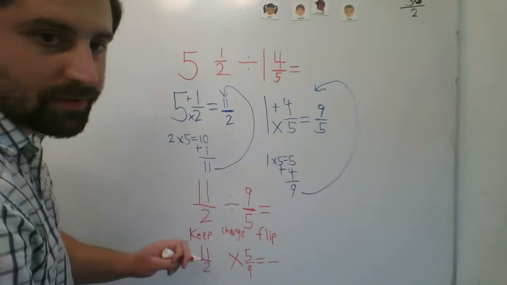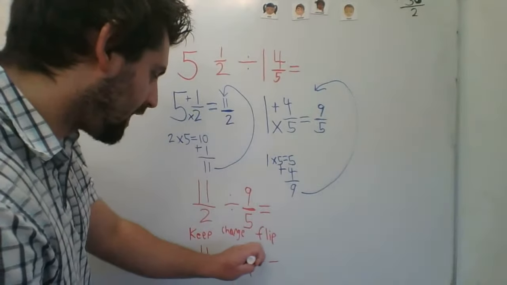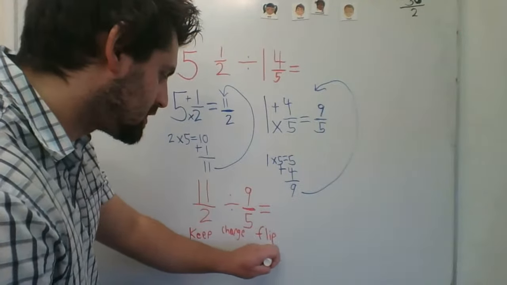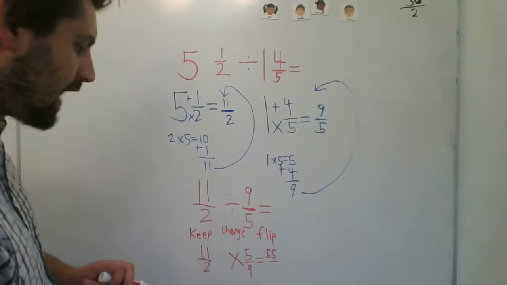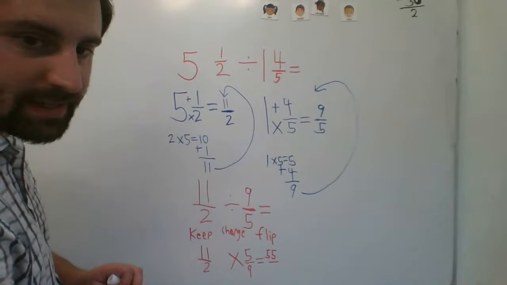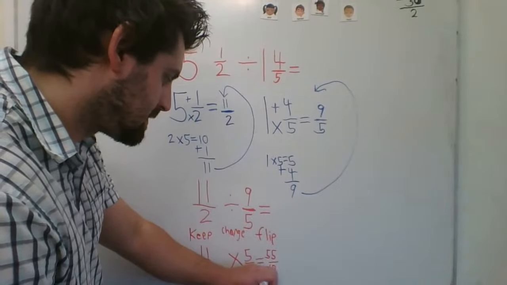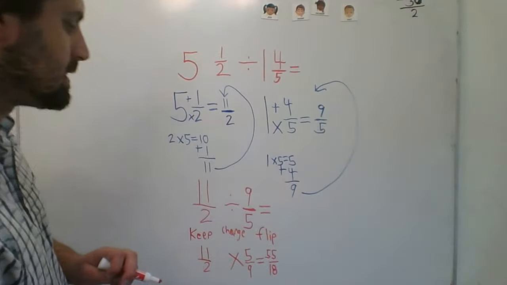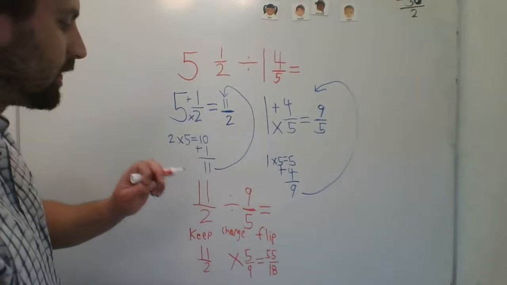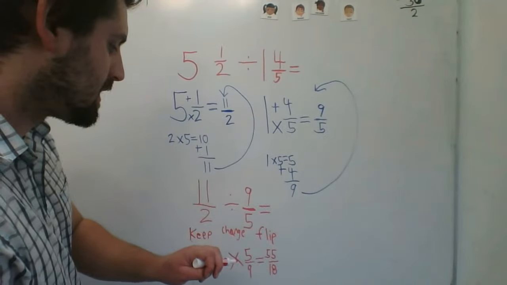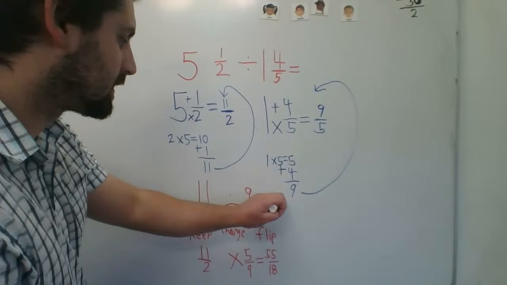So 11 times 5 equals 55. 2 times 9 equals 18. So 11 halves divided by 9/5 equals 55/18.